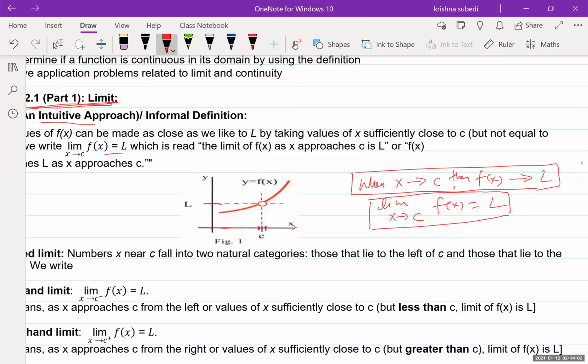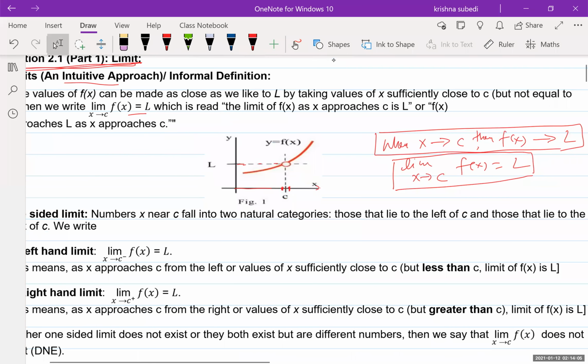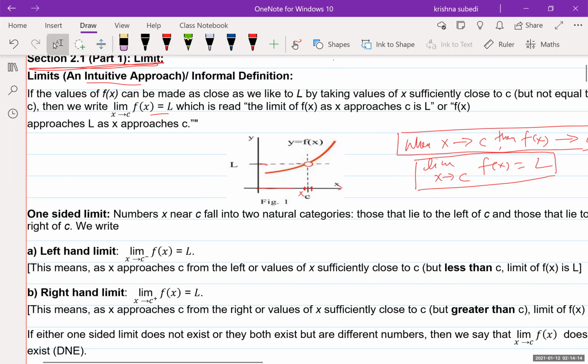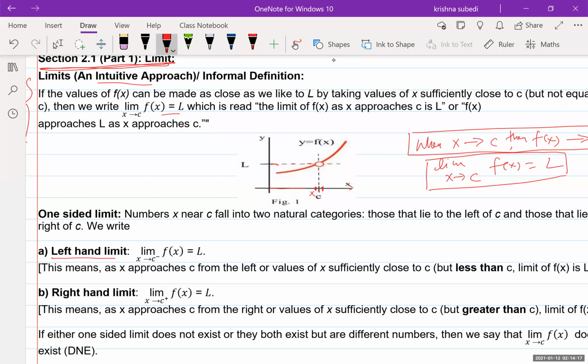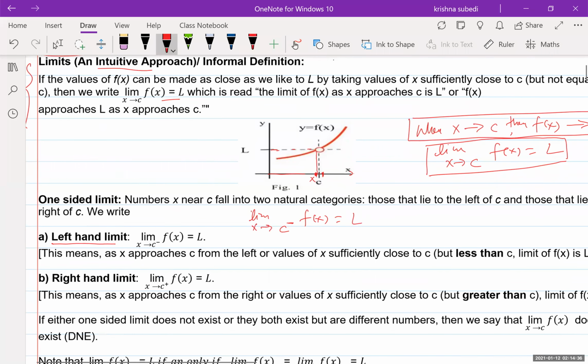If I take my x value close to C, but on the left-hand side, which means a little bit less than C, then I call it the left-hand limit. So the left-hand limit means when x is close to C but a little bit less, my y value equals L.